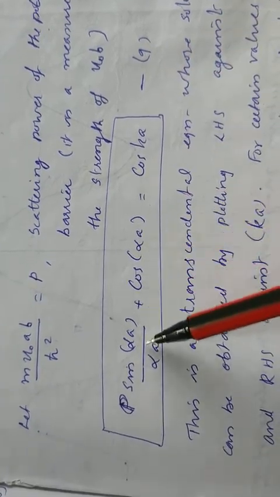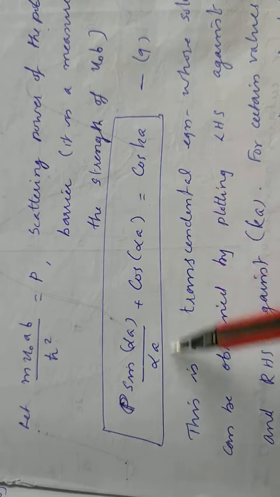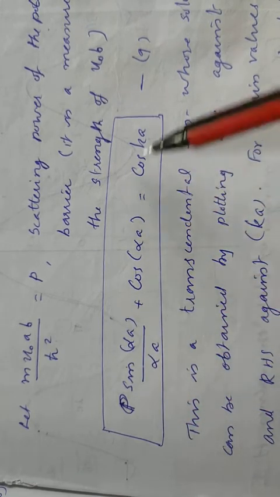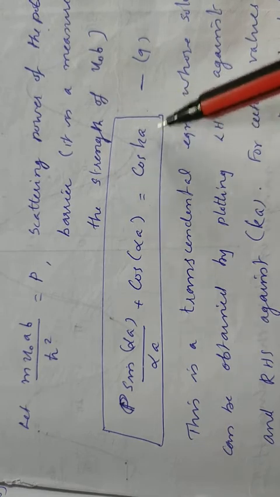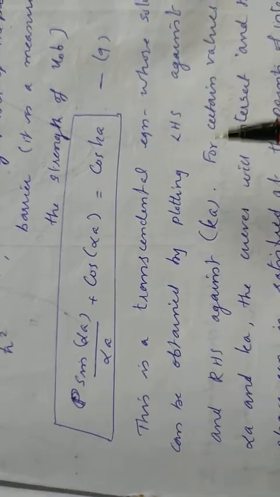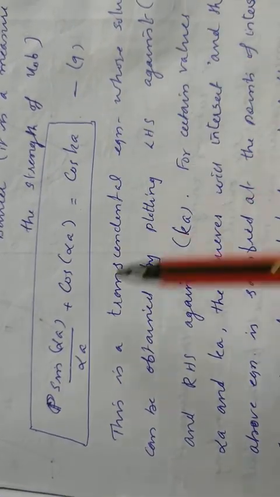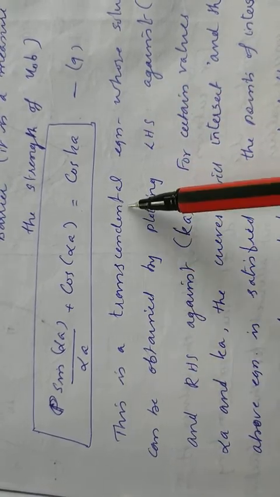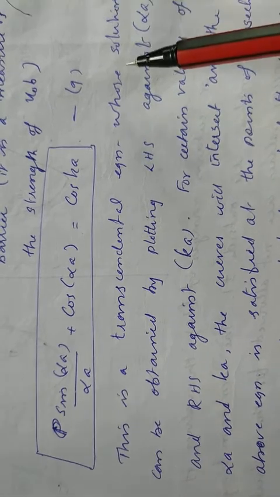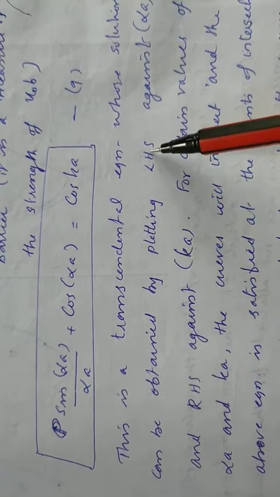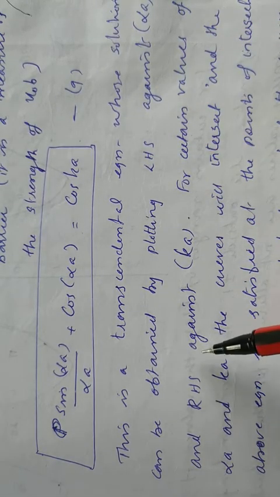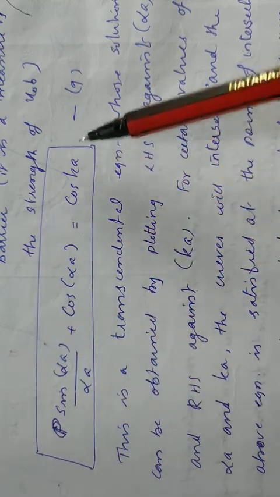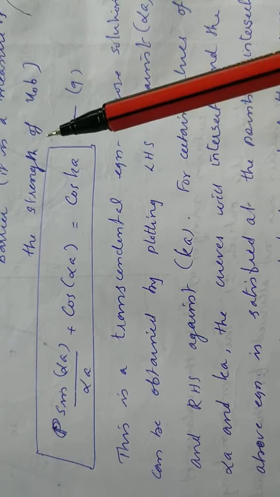Here note the point that on the left side this is a function of the variable alpha a, but on the right side it's a function of k into a. So this type of equation is known as a transcendental equation, whose solution can be obtained by plotting LHS against RHS. So LHS is a function of alpha a and RHS is a function of Ka.